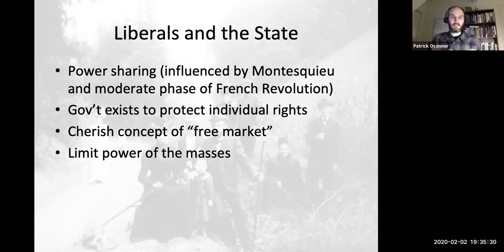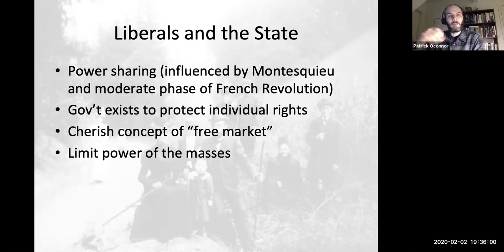Liberals cherished the idea of individual rights, but they also feared the masses. And that was a lesson that they learned from the Reign of Terror, as I mentioned before. So in order to check the power of the masses, they wanted to ensure that educated and propertied people, people of a certain class, that is the bourgeoisie, the educated middle class, are the ones who come to power, the ones who make the decisions.